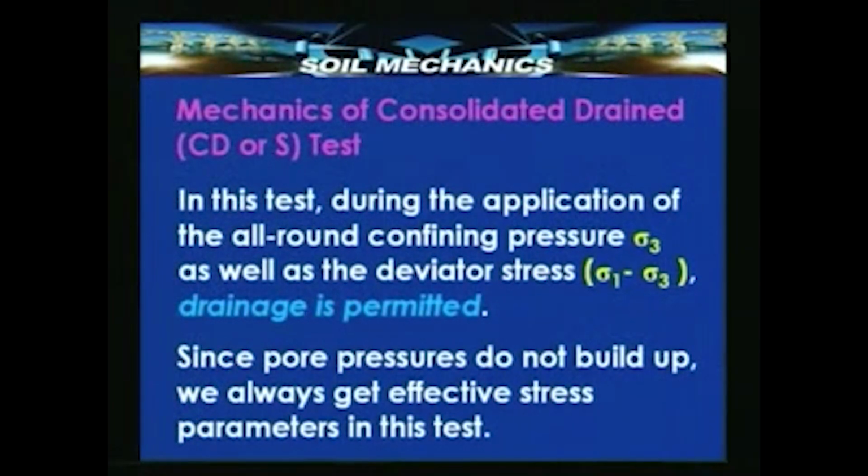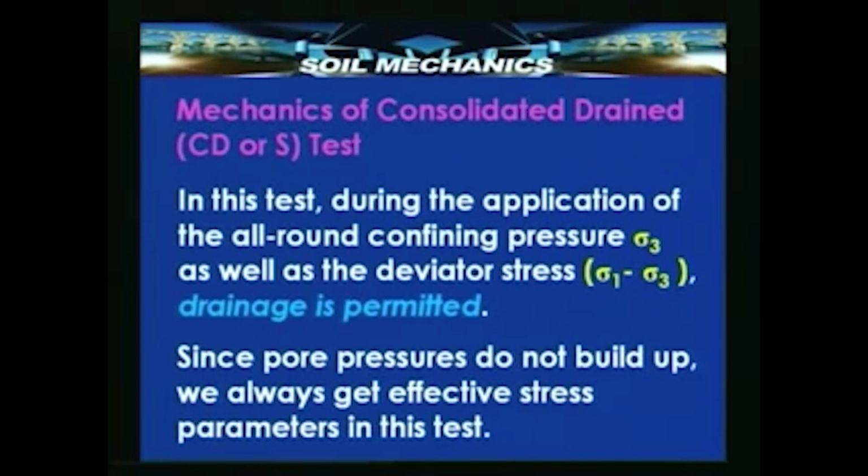Let us take the consolidated drain test first. The mechanics of the consolidated drain test is very simple. In the first stage of loading, that is application of confinement, drainage is permitted, and then in the second stage, when shear stress is applied, volume change is permitted, that means in effect drainage is allowed.